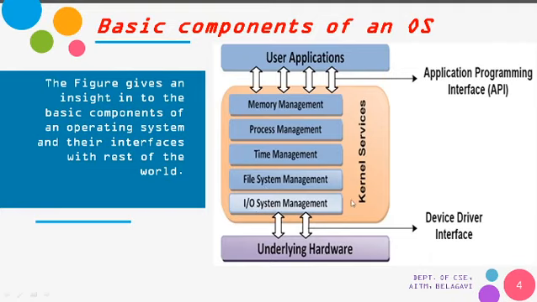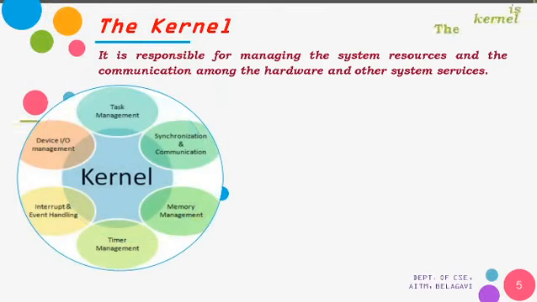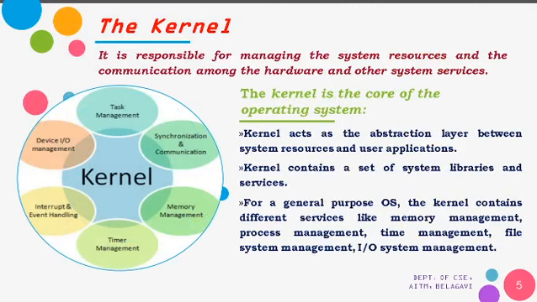Now going to the kernel, we'll understand what is this kernel. So mainly the kernel is the heart of the operating system. It is responsible for managing the system resources and communication among the hardware and the other system services here. So the kernel is the core of the operating system.